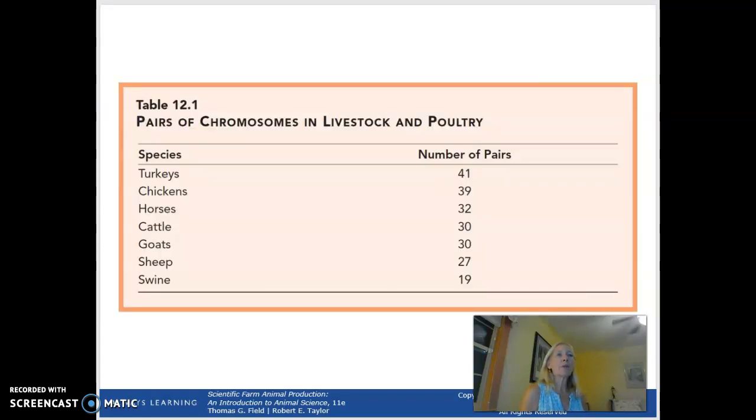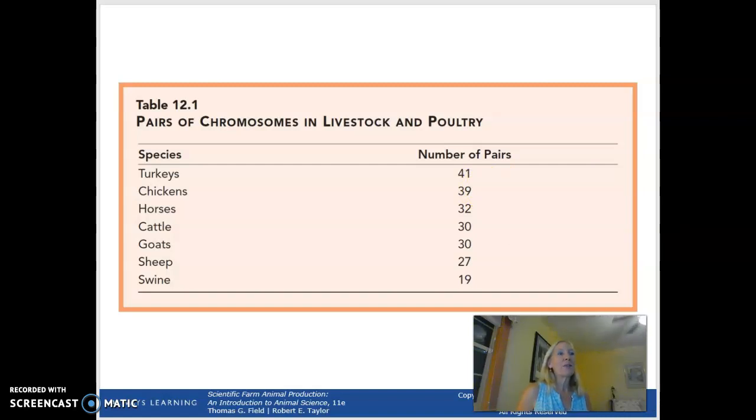So if we look at the numbers of chromosomes in common types of livestock, you can see the number varies pretty dramatically. And by looking at that, I'm sure you would agree with me that the intelligence of an animal is not linked to the number of their chromosomes. So swine are pretty smart animals, and I would call chickens and turkeys not too high on the IQ rating scale for farm animals.